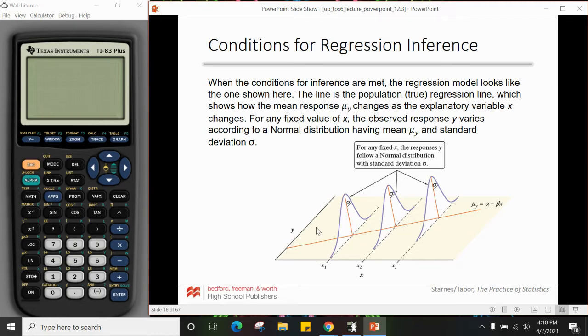So as our x increases or decreases, our mean might change as well, right? If the mean gets bigger, that means this is a positive correlation. If it was getting smaller as x got bigger, then it would be a negative correlation. But basically, at each individual point on this line, we would have its own normal distribution. Right? So this is an example of just 3 normal distributions based on those x values, but there are many, many more.